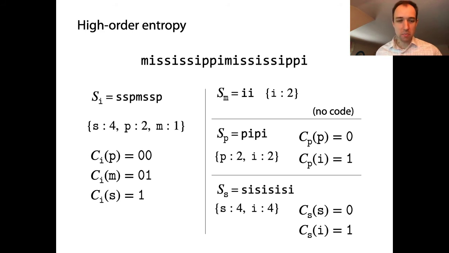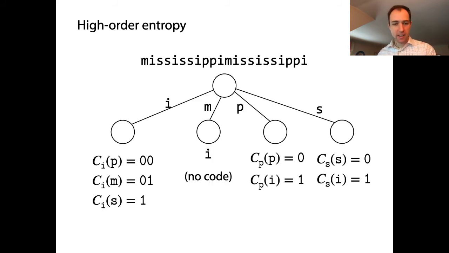So overall, if we pictured all the codes that we've written on this slide, the code for the left context of I, M, P, S, we could picture it as a tree, and indeed we could picture the whole approach as a tree, where the first level of the tree is pick your context, and then the next level of the tree is, okay, given that context, here's the code you should be using.